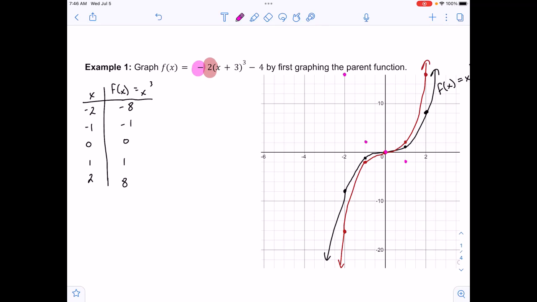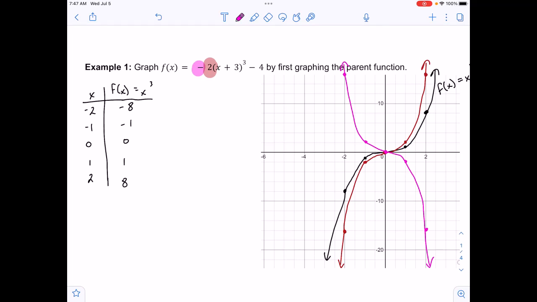This guy comes up here, and that guy goes down here. And we do our best to draw it nice and smooth. What's interesting here is that a vertical reflection also looks the same as a horizontal reflection.